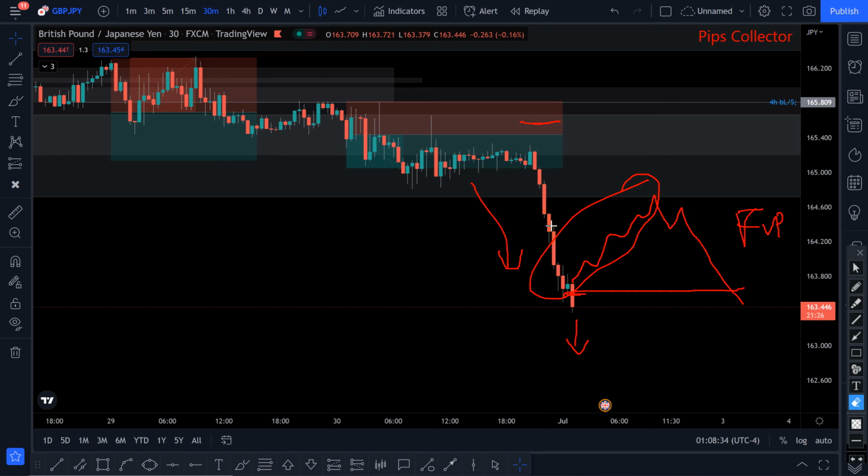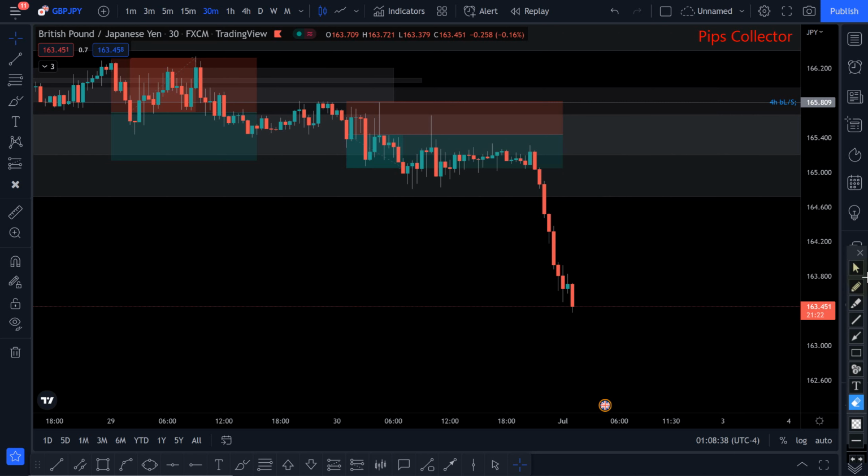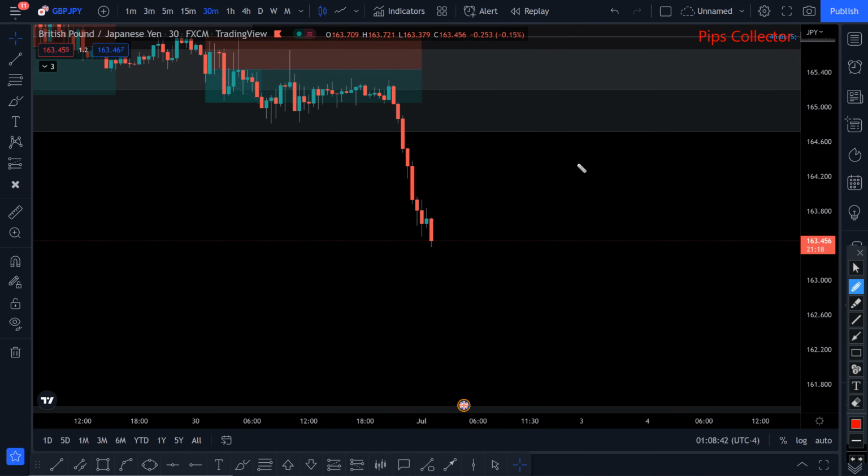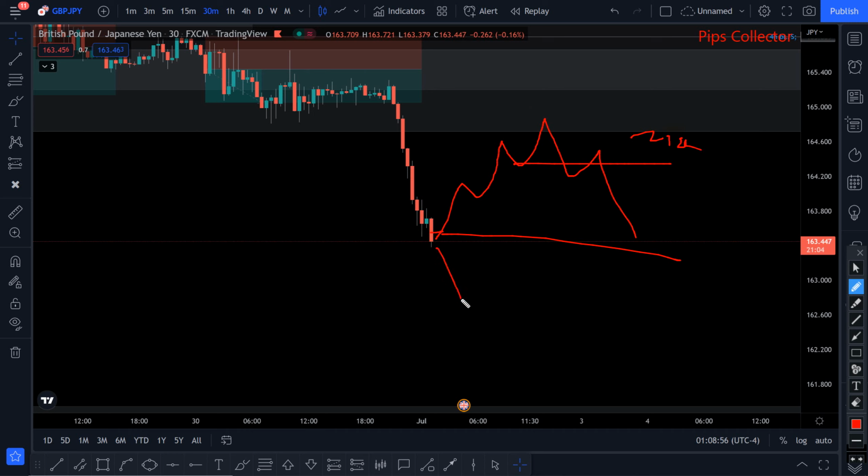So what I'm looking at on GJ is simply price to come up a little bit. After doing that, we take the sell going down. So price could retrace and do what? Dump. So this is what I'm looking at. This is scenario 1A, or price could just, whatever it's doing now, continue dumping.